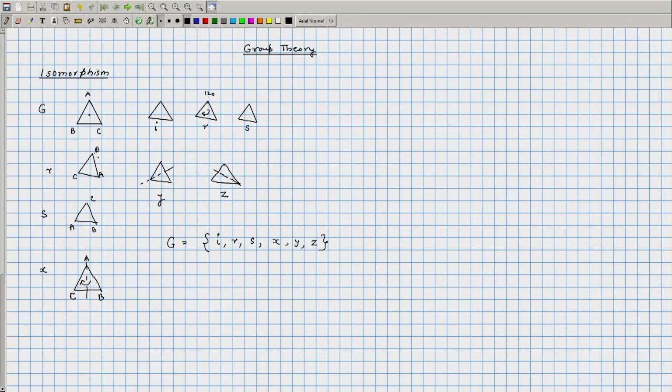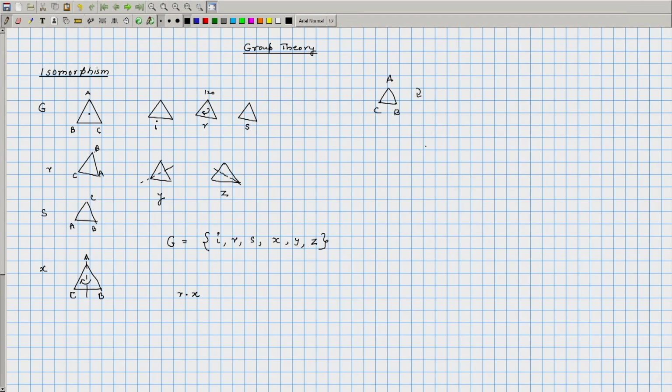For example, if you combine R with X, R basically rotates. If you start with A, B, C as labels, when you say R times X, it means you are first applying X. When you apply X, B and C get flipped. So, you will end up in the configuration A, C, B, and then you are rotating. So, you will reach A, C, B rotated.